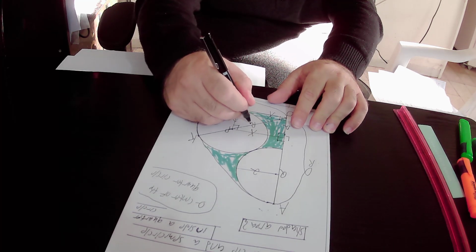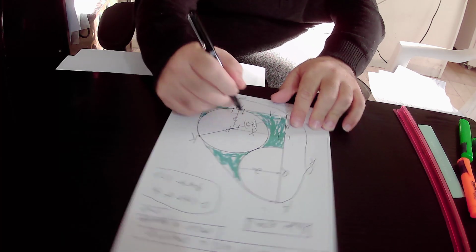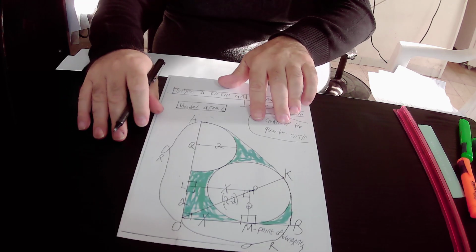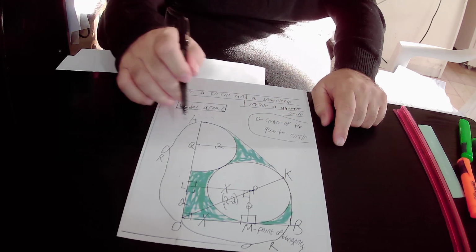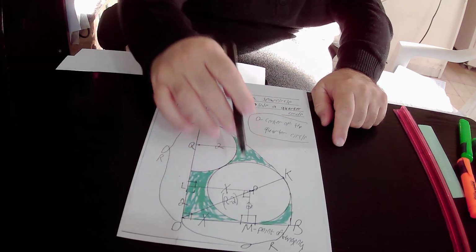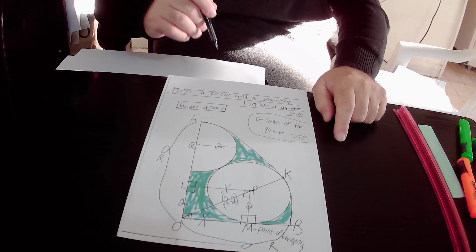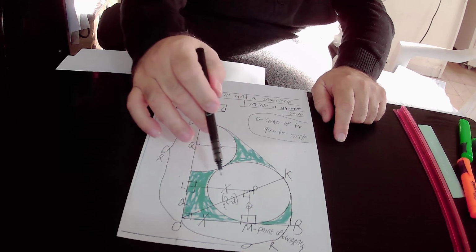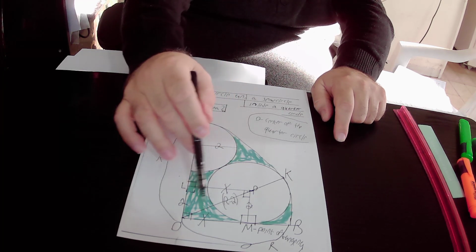capital R minus 2. So in the next step, I will copy the right triangle POM in this new page, and we will implement the Pythagoras theorem on this right triangle POM.